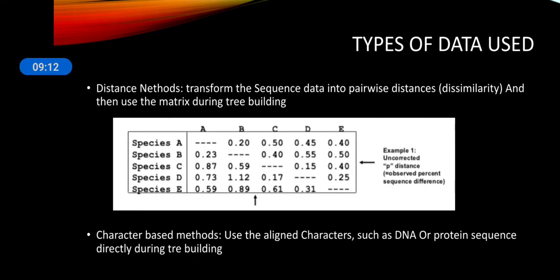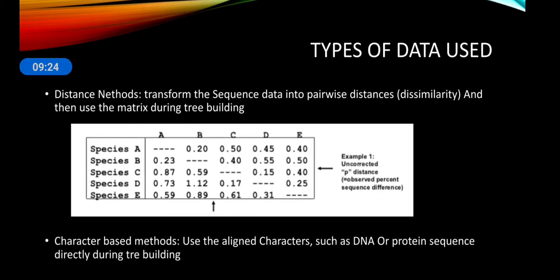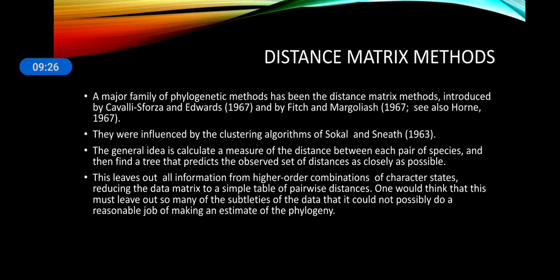But in the case of character based methods, we use aligned characters, like aligned DNA or aligned protein sequences, and then we directly use them in tree building methods. So we will be discussing the distance matrix method here, and in depth the neighbor joining method.